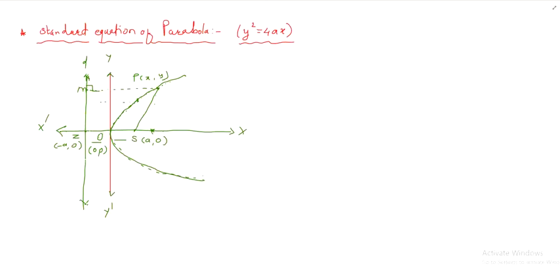Now here, according to the definition of parabola, we have SP is equal to PM, or SP by PM is equal to 1, because here E is equal to 1. Since S is a fixed point on the x-axis, its coordinates are (a, 0).